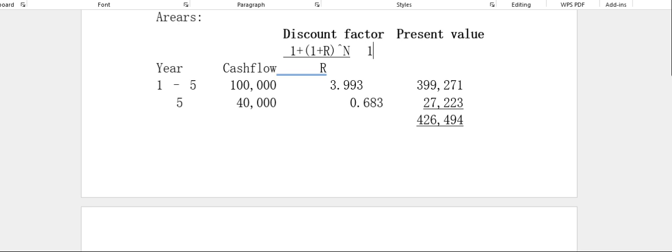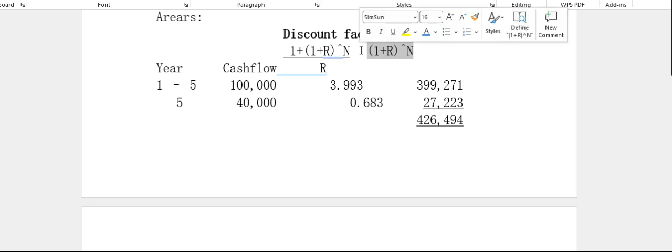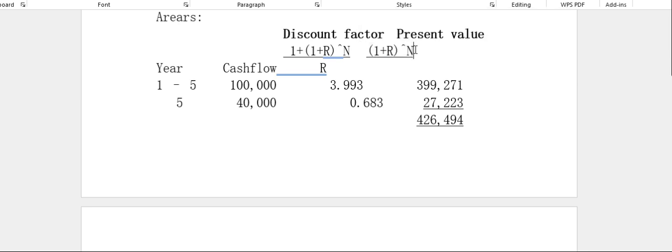You just do 1 plus R, in brackets, raised to power minus n.